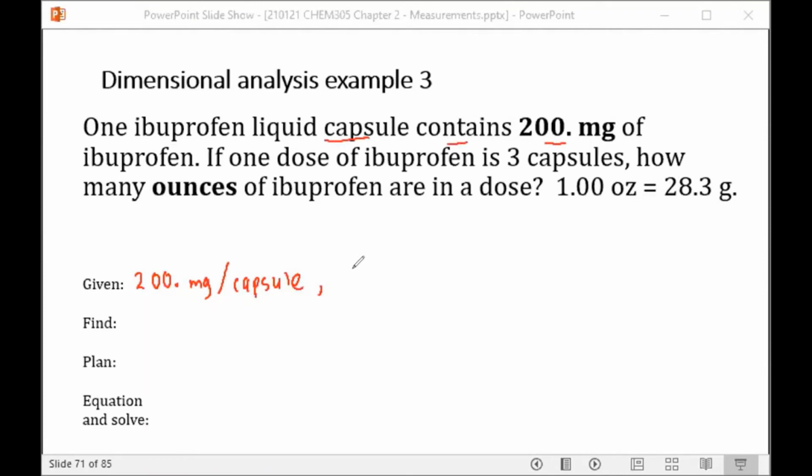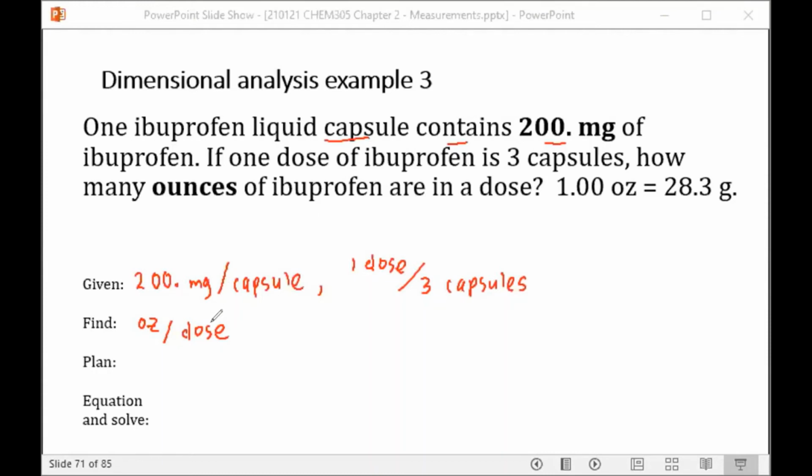We're also given that one dose is 3 capsules. And then we want to find ounces per dose. How many ounces of ibuprofen are in a dose?